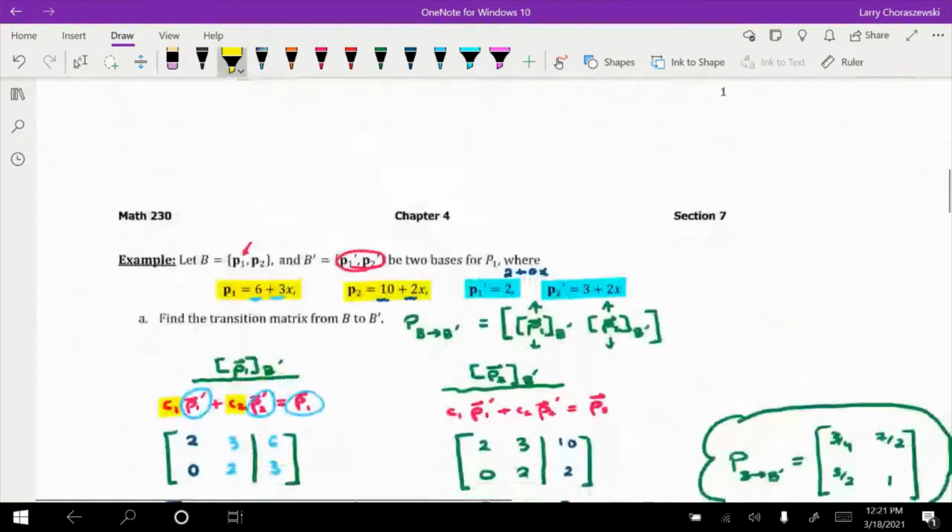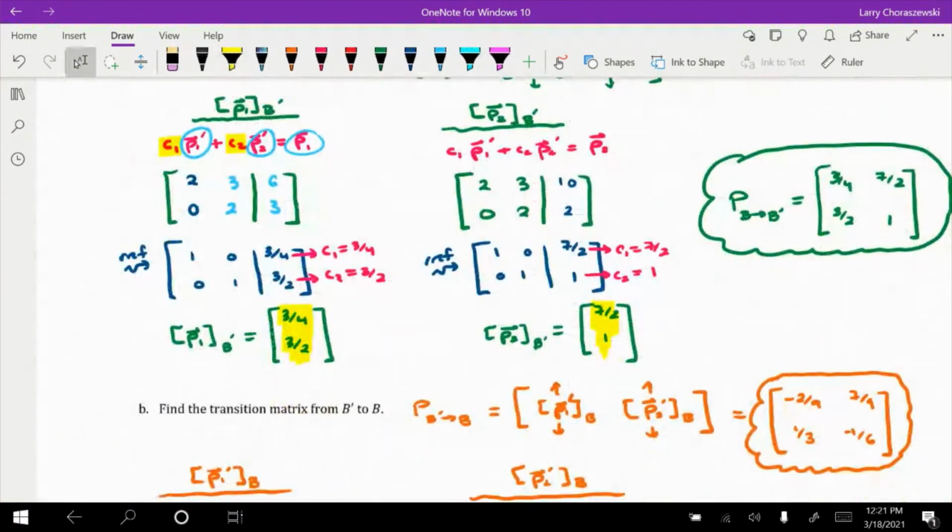I want to point out that for something like part A of our first example, we ended up using the same left-hand side in these augmented matrices. The only things that were different between these two matrices were the coefficients of the different basis vectors.